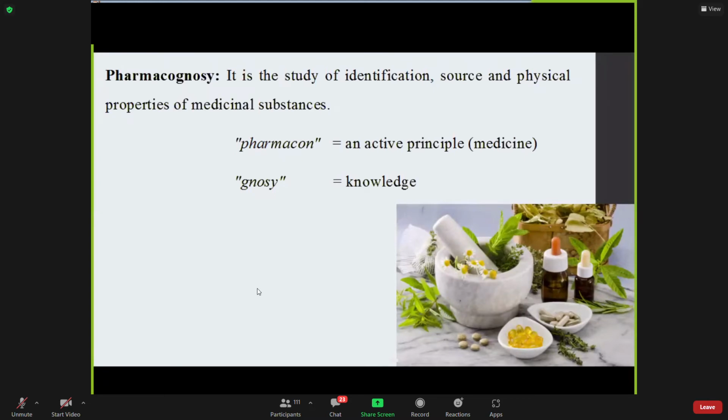These drugs are used specifically for heart failure, and these drugs are obtained from one plant, that is the foxglove plant. The study of this plant, the study of the source of the medicine from which the drugs are obtained, is known as pharmacognosy.